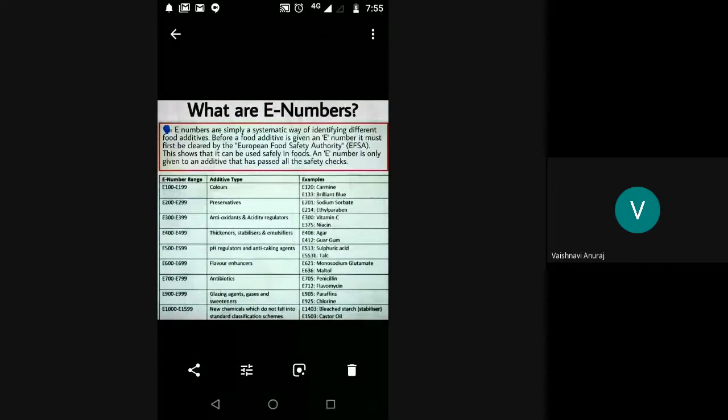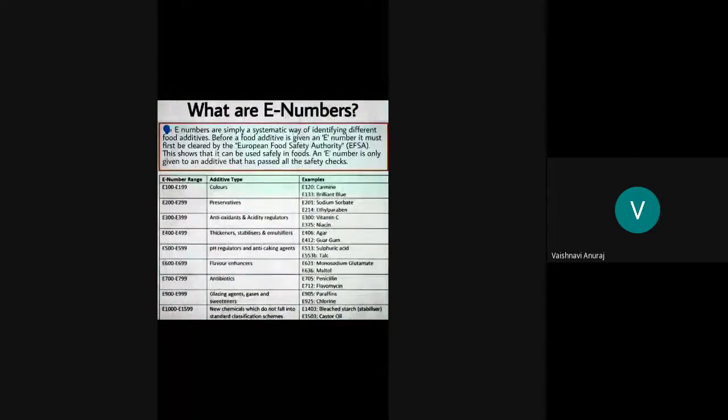If you want to remember, you have to remember; there is no other option. You have to put pressure on your mind that 1 starts for color, 2 starts for preservative, 3 starts for acidity regulators and antioxidants, 4 for thickeners, stabilizers and emulsifiers, 5 for the anti-caking agents and the pH regulators related to the acids, and for flavor enhancers it starts with 6, antibiotics 7, sweeteners with 9, and above 10 new chemicals.